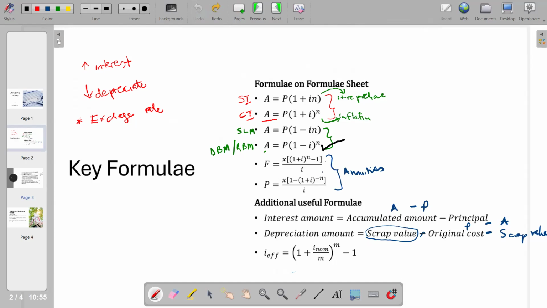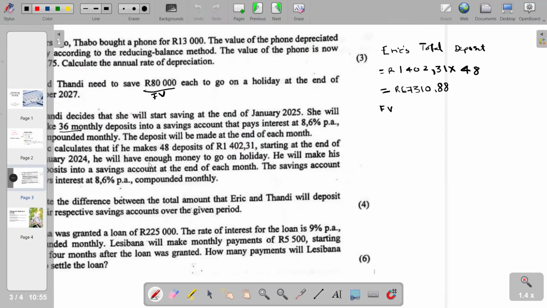This is the formula that we are going to use so that we calculate how much the person is going to be depositing per month. So we have that.